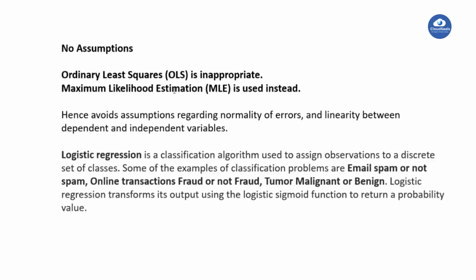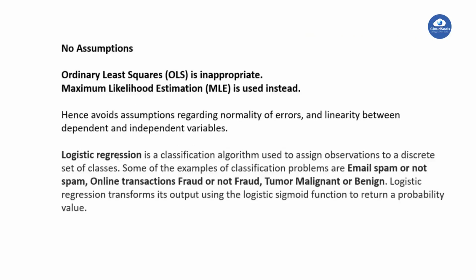If the probability is more than 0.5, we'll say it is a spam mail. If the probability is less than 0.5, the mail is non-spam. We'll see how to measure error and everything in the next slides.